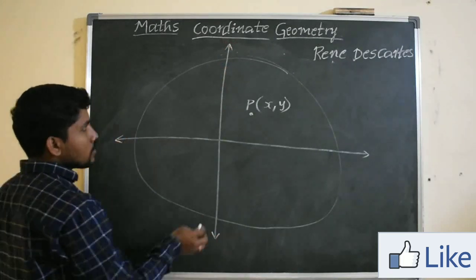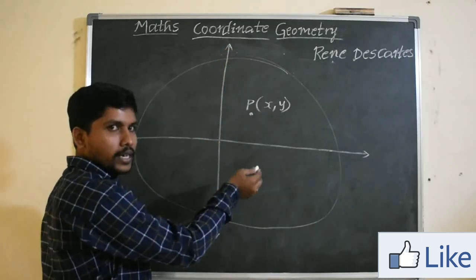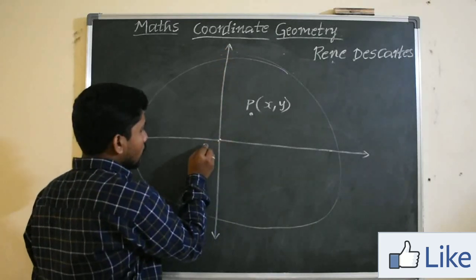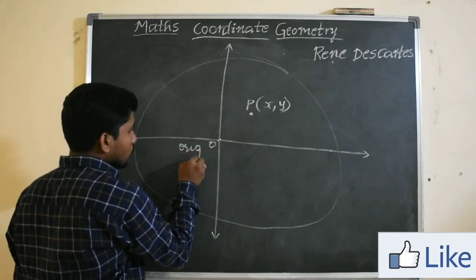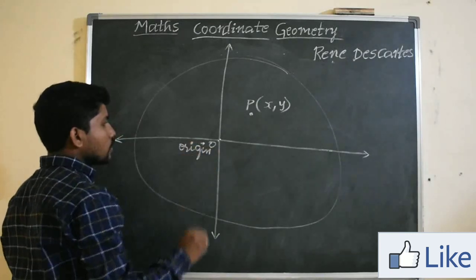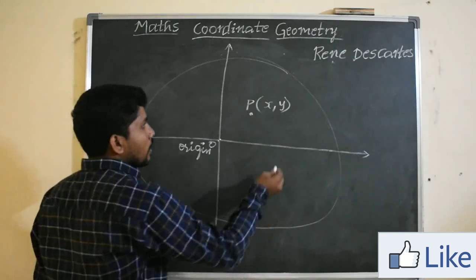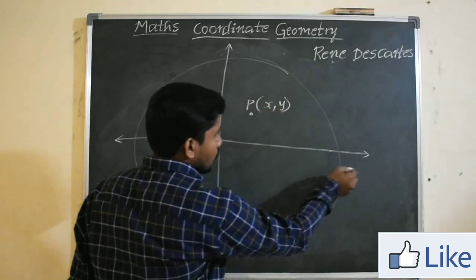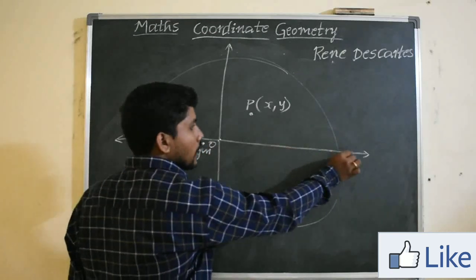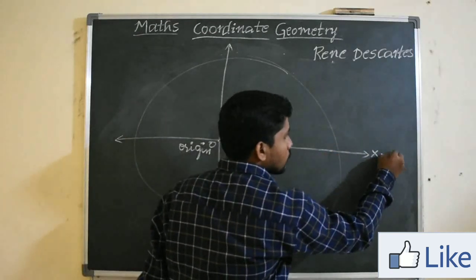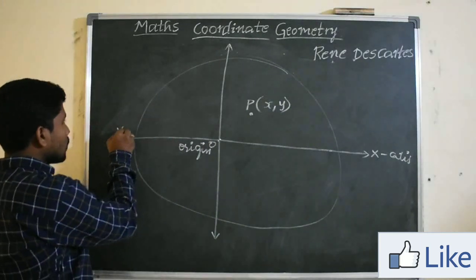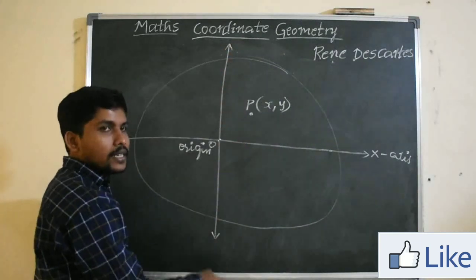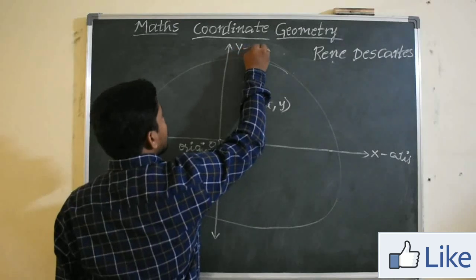These reference lines intersect at a point called the origin. The horizontal reference line is called the x-axis, and the vertical reference line is called the y-axis.